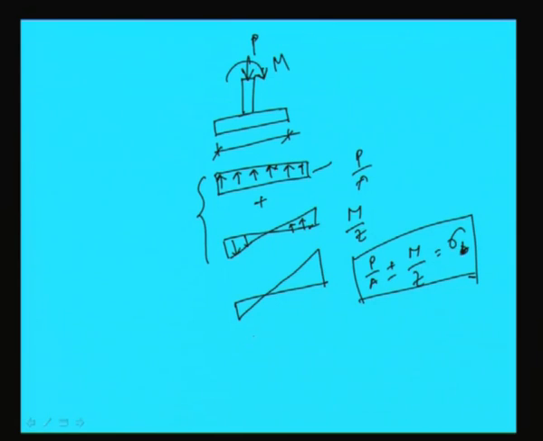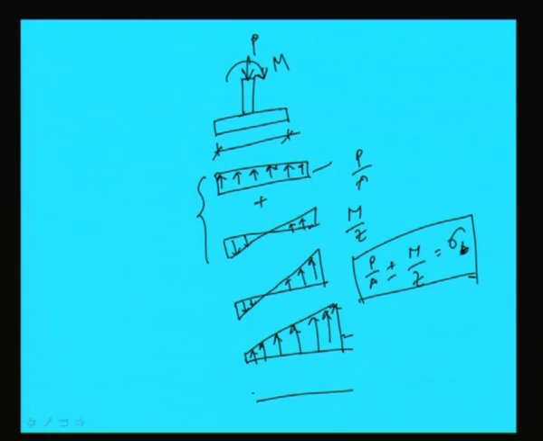So the stress distribution will be in this way, or if P by A is much more than M by Z, then this will become like this. If P by A is greater, then this will develop like this, right. So due to eccentricity of the load or due to development of moment, this will develop, right.